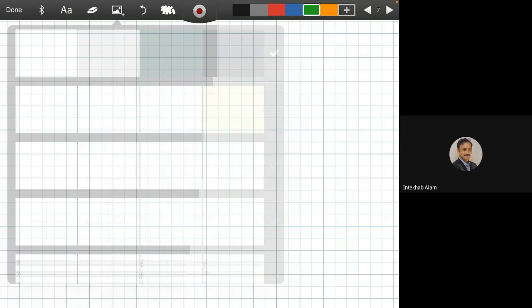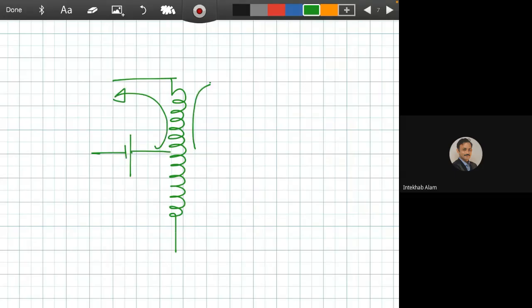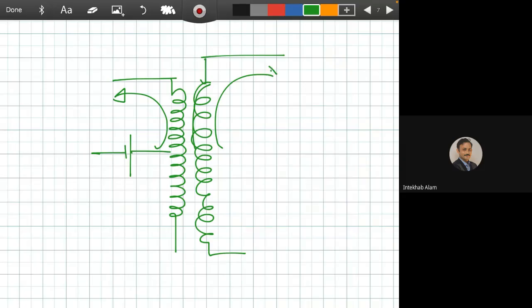Okay, there is a transformer. We are giving current in one direction. When we impose current in this direction, it will flow in this direction, and when we impose current in here, it pulls this current from here.